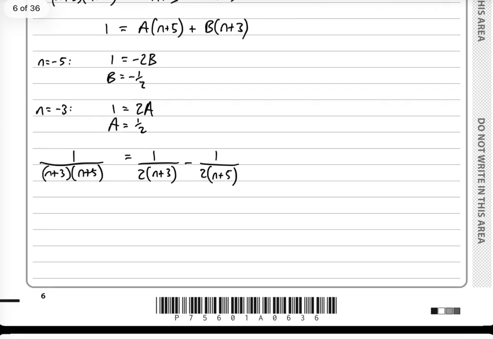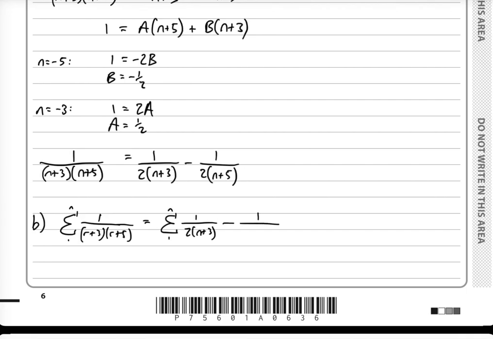So we'll do the same thing. Sum 1 to n, 1 over (r plus 3)(r plus 5) must be equal to, from our work in part A, 1 over 2(r plus 3) minus 1 over 2(r plus 5). I've already made a mistake, haven't I? That should be an r.